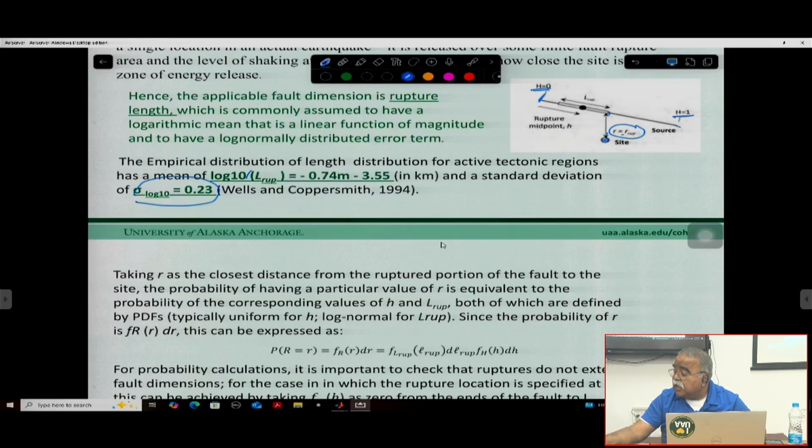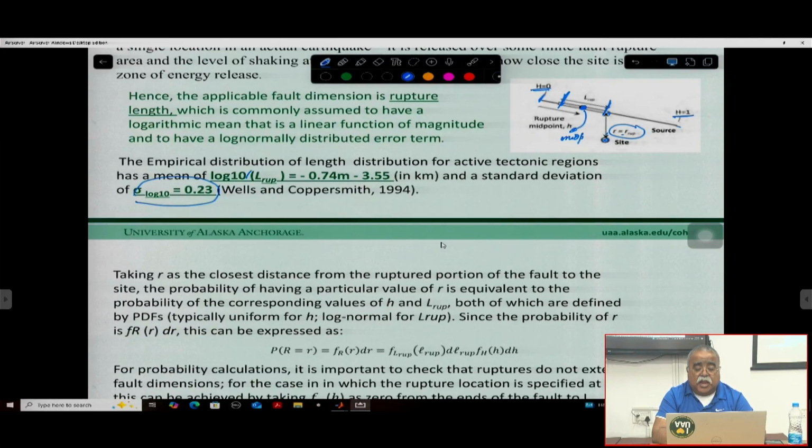Okay, so the rupture length is starting from here and it is going up to this much, right? So that is your rupture length, and this is the midpoint of the rupture. So the rupture will be within that fault zone. The rupture cannot go beyond the fault zone. So that is what we try to do.